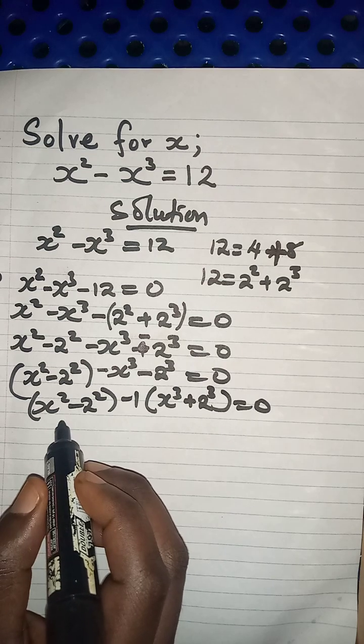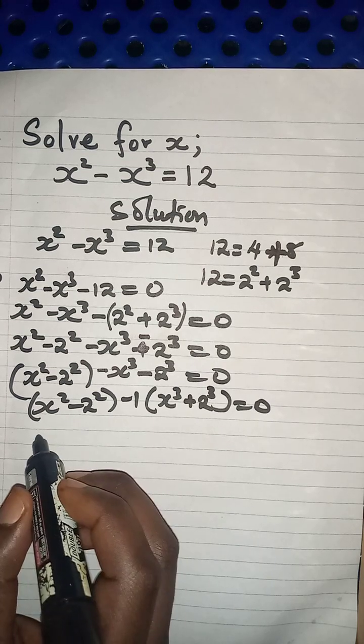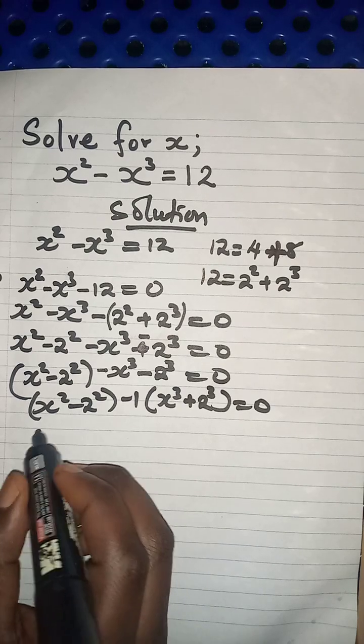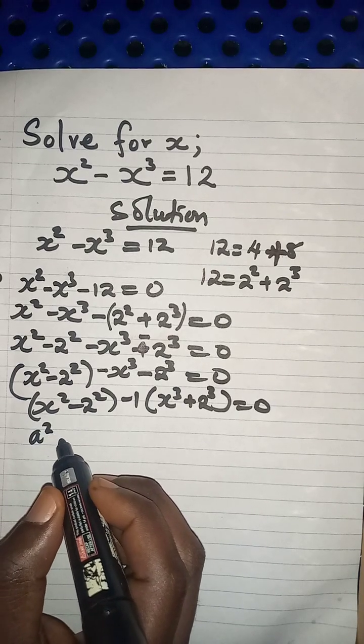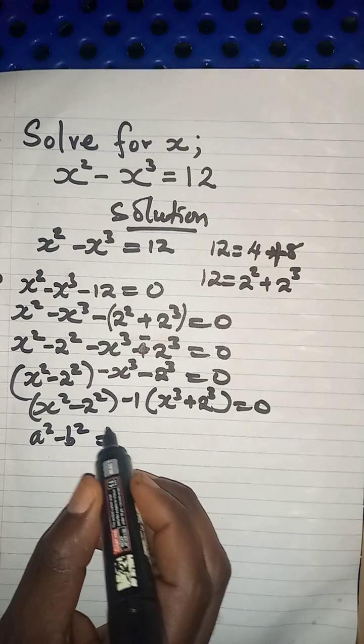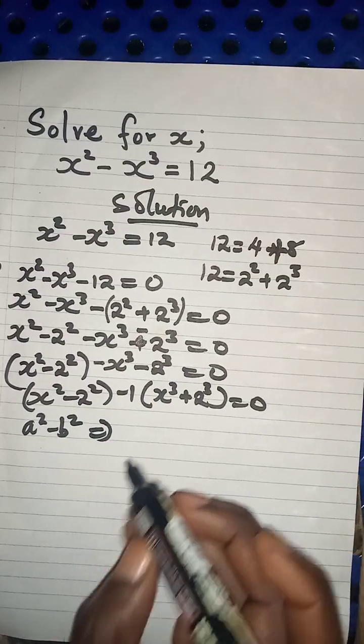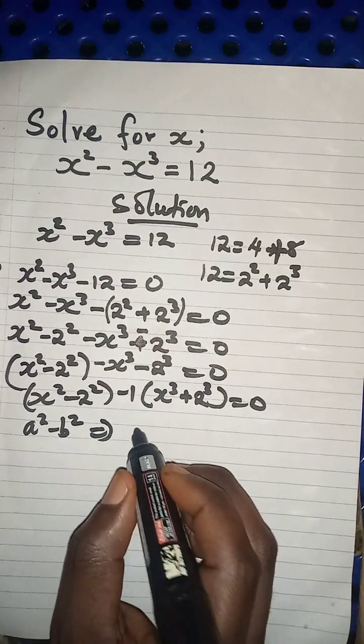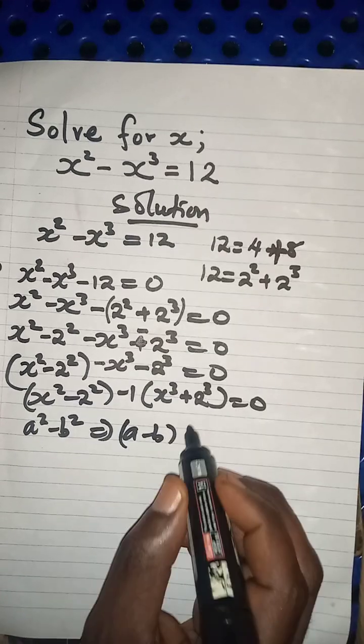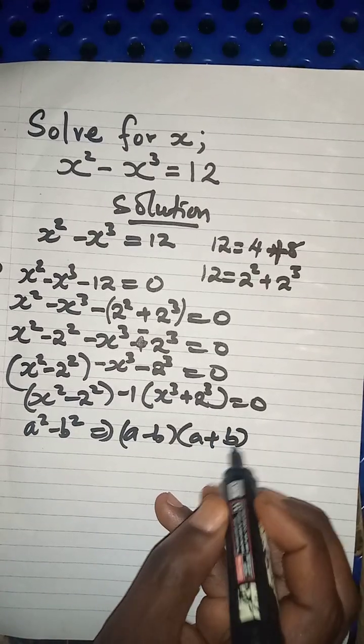Then for this x squared minus 2 squared, I'm going to use the relation a squared minus b squared, which when expanded gives a minus b times a plus b.